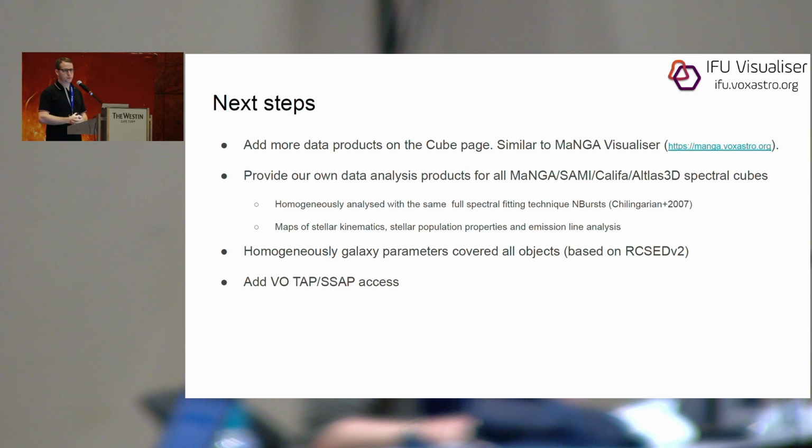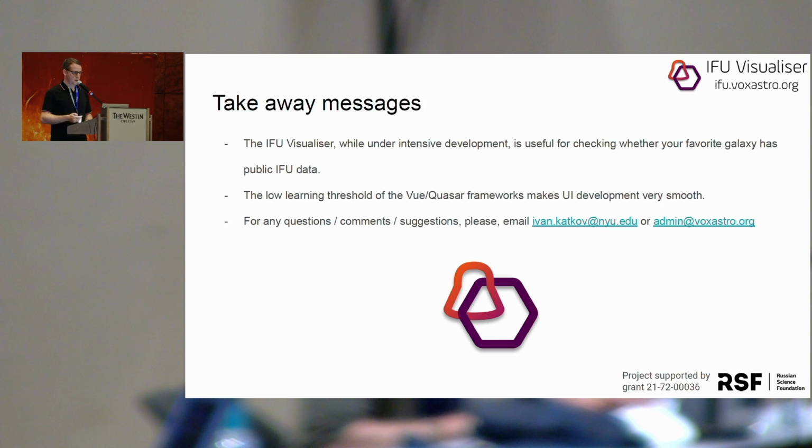First of all, we want to improve the main cube page, where details of the spectral cube can be considered, and this is the main place for visualization. Then we plan to provide additional data products, something similar to what we are doing for the RCSED catalog. Of course, we have to add some VO-compliant services.